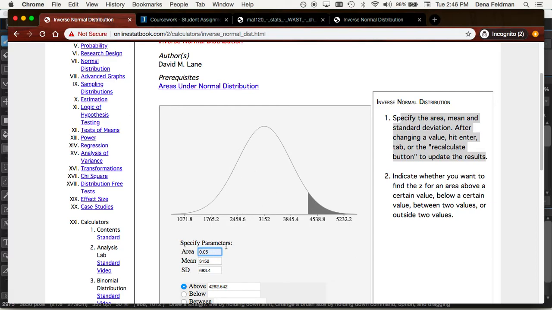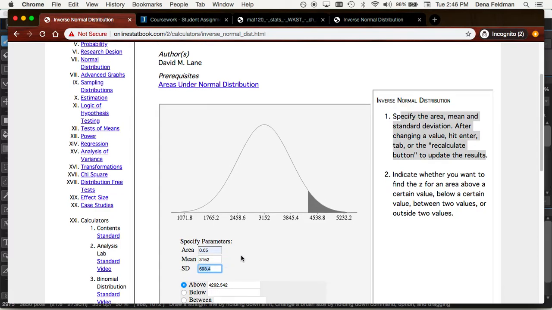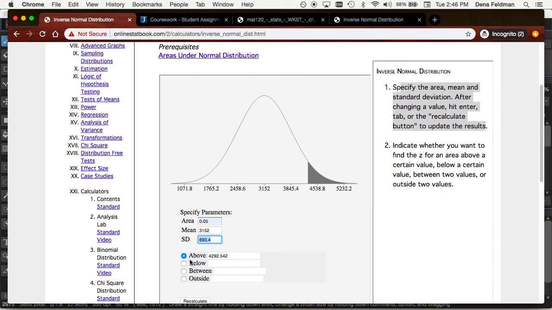tell the calculator, hey, I'm interested in a 5% area on the distribution with this mean and this standard deviation, you also have to tell the calculator whether I want to know the area below a certain number, or using the area between two different numbers, what are the values?